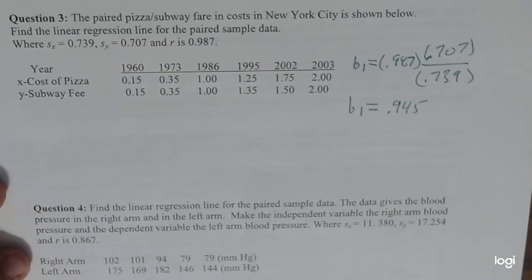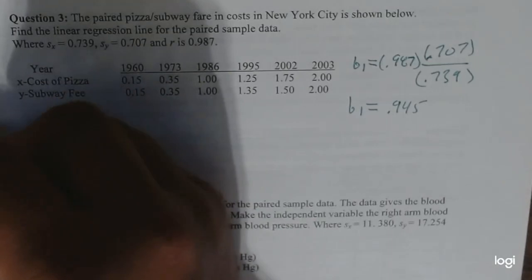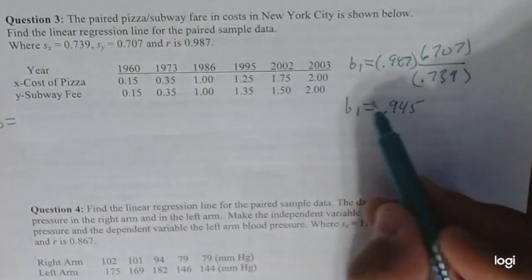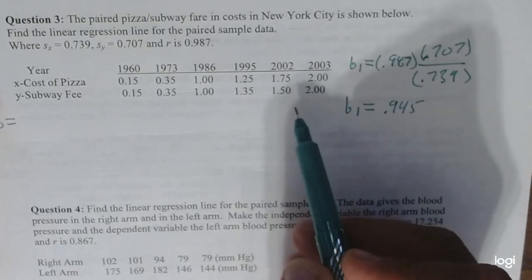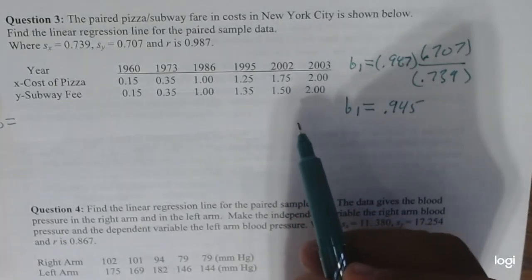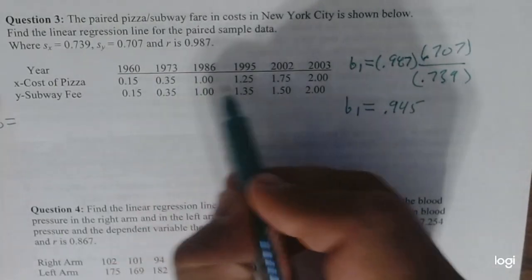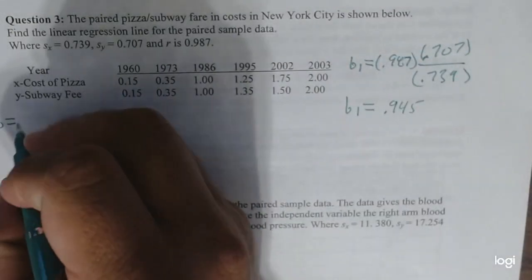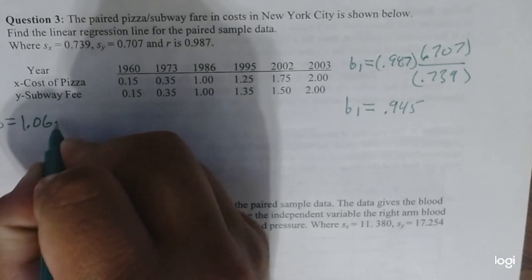Now to find your y-intercept b naught, it is the mean of the y's, so we have to find the mean of all the y values, which are the subway fares. If you add them all up and divide by 6, the mean of the y's should be 1.06.